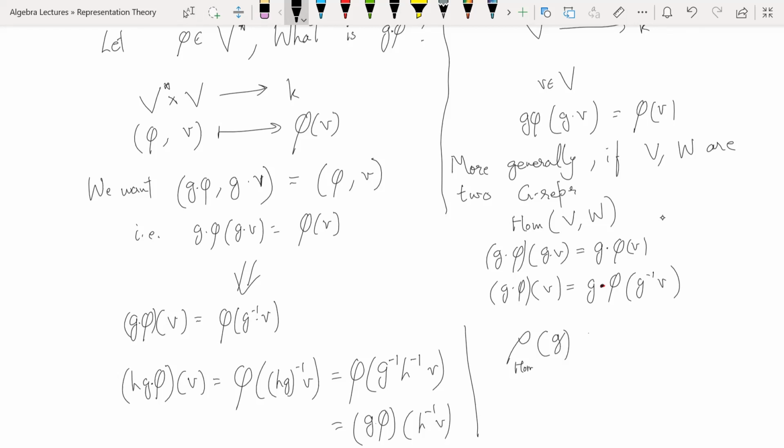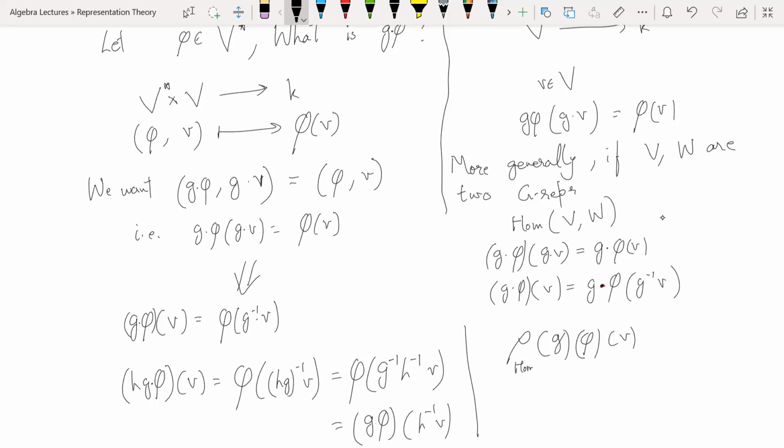So if I take a phi here, it will give me an element. So rho Hom of G is an invertible element of Hom(V, W), and if I take an element of Hom(V, W), it will act on it and give me another element of Hom(V, W). So how does this element of Hom(V, W) act on V is what I'm trying to say.